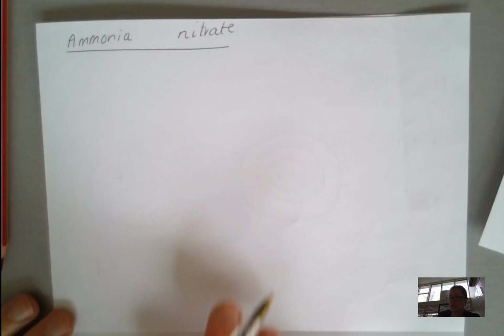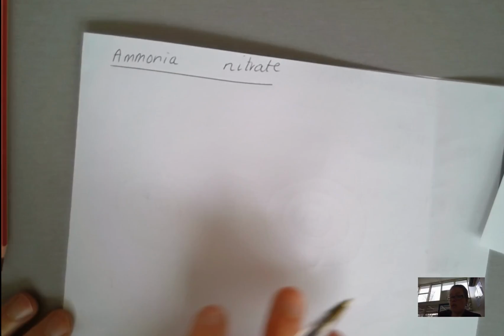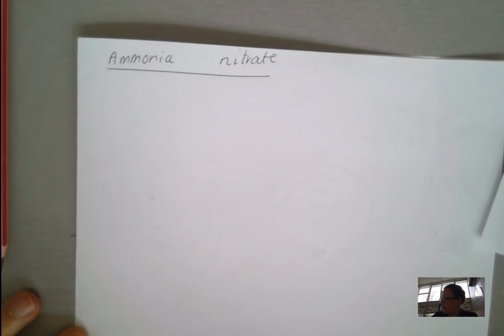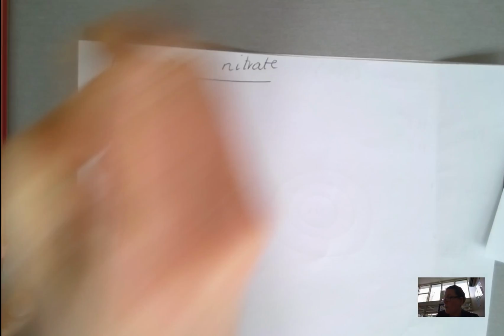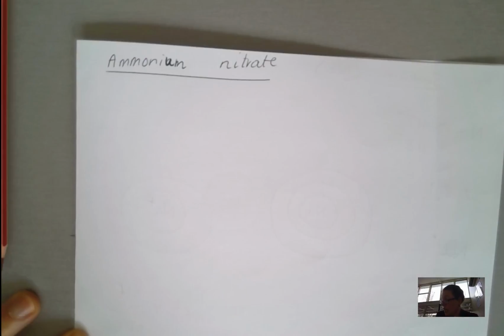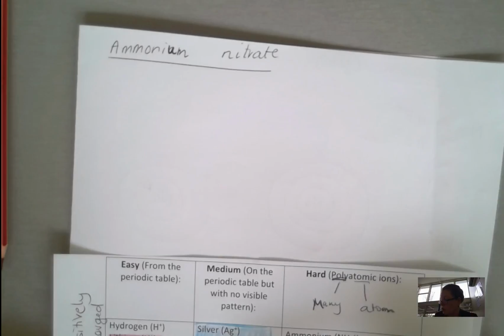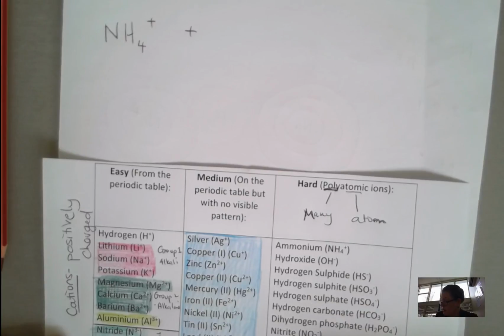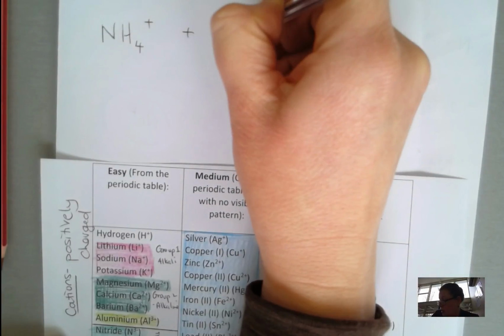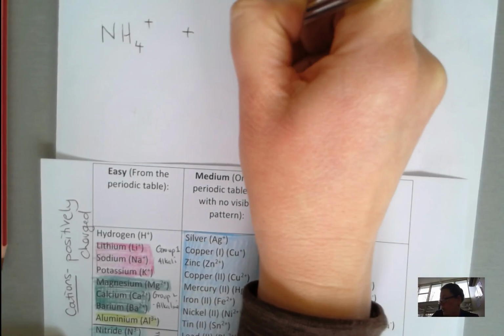Alright, let's try a couple of polyatomic ones. We've got ammonium nitrate, a different compound entirely. Ammonium is NH4 positive. Nitrate is here, NO3 negative.